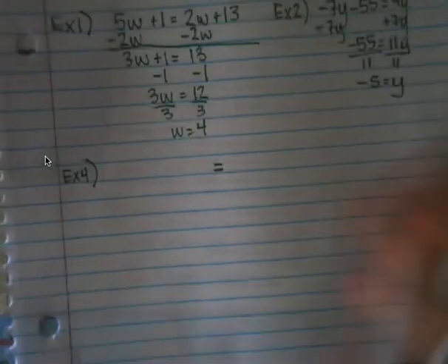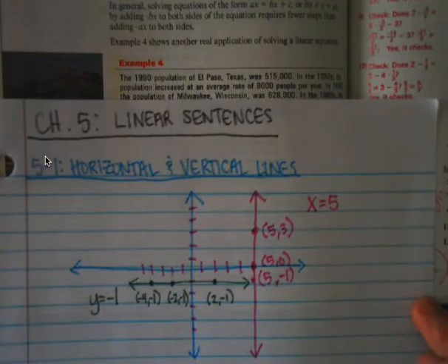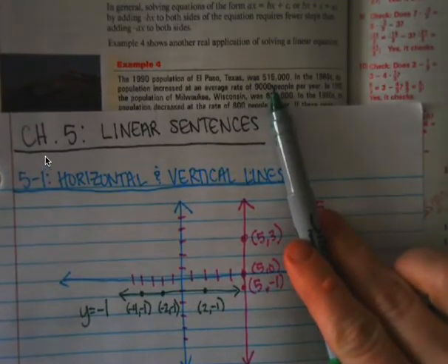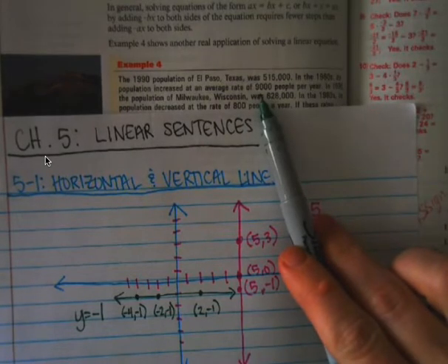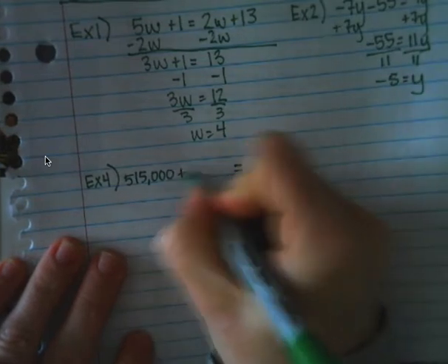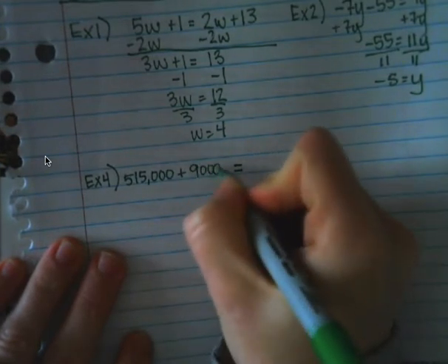Okay? So let's go ahead and find the information on El Paso. It was 515,000 increasing at 9,000 people per year. So I have 515,000. I'm going to add 9,000 people per year.